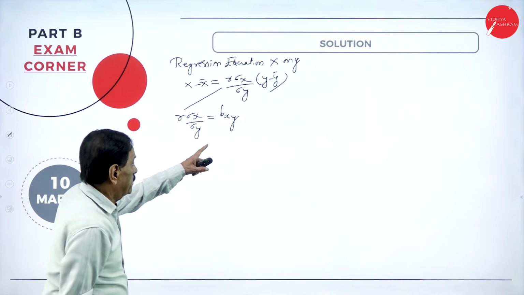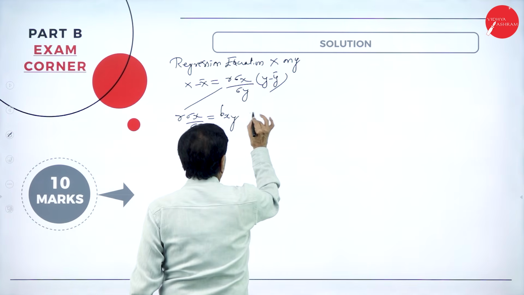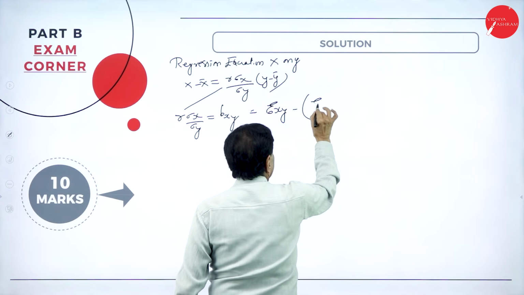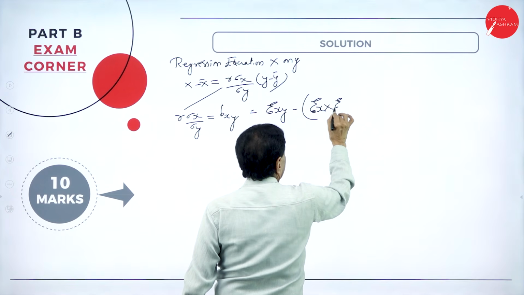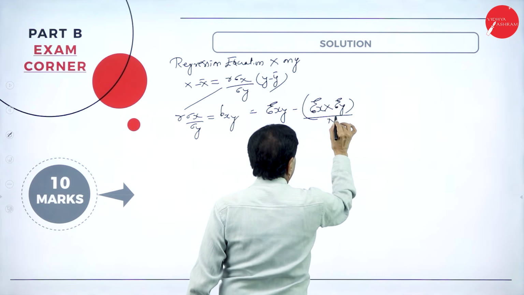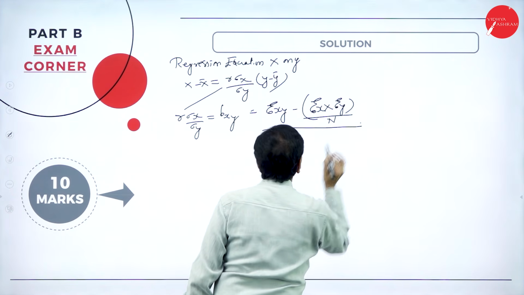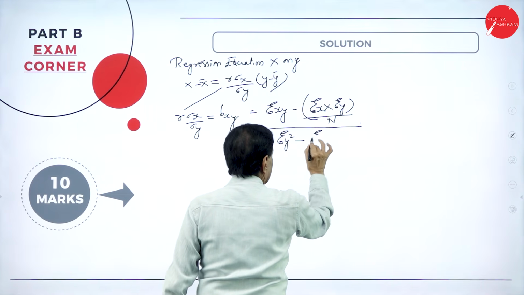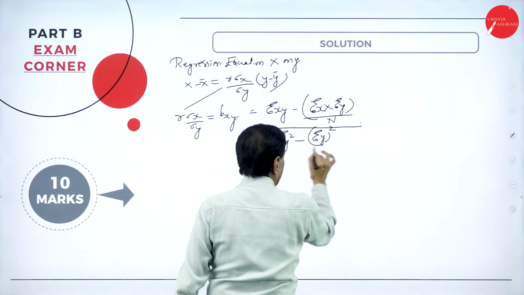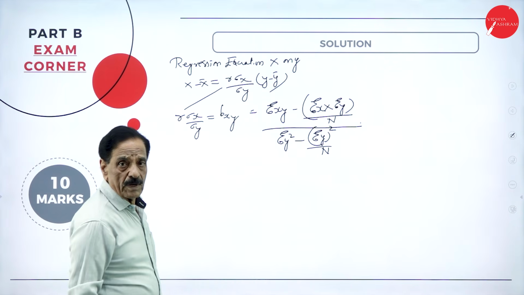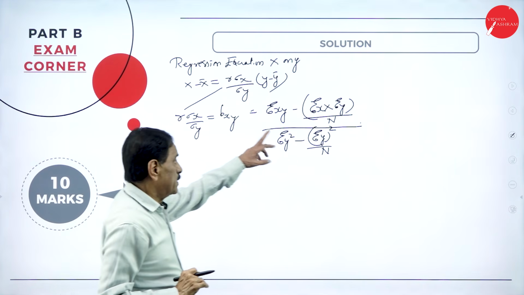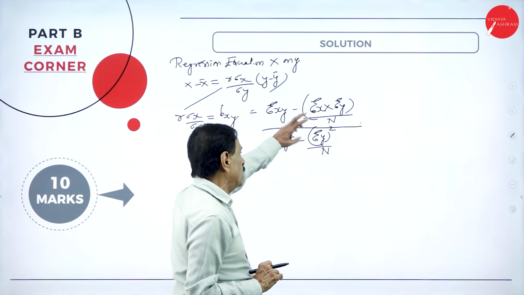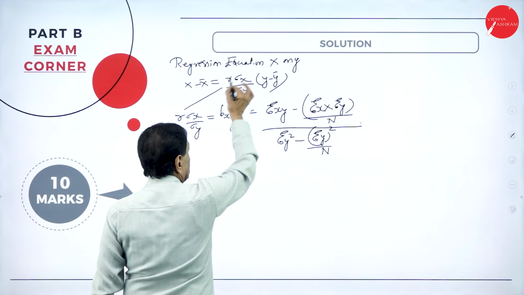The regression coefficient bxy is equal to sigma xy minus sigma x into sigma y divided by n, whole divided by sigma y square minus sigma y whole square divided by n. This is the formula.